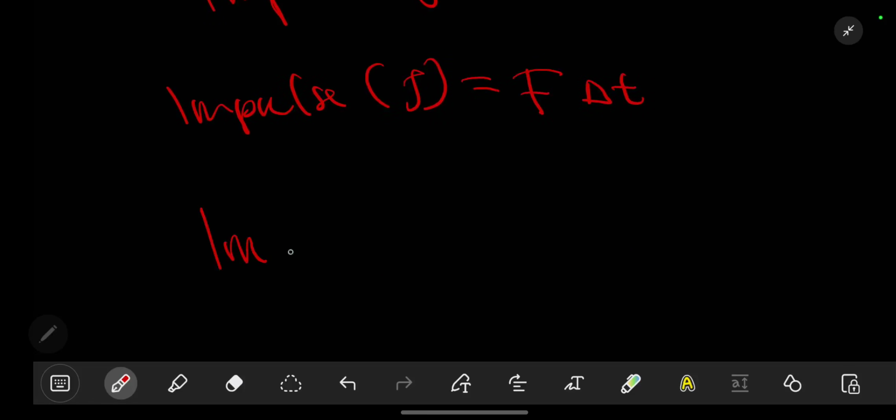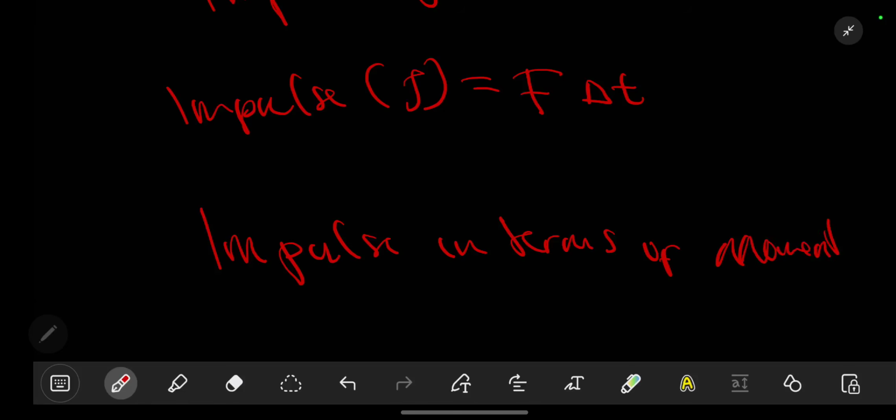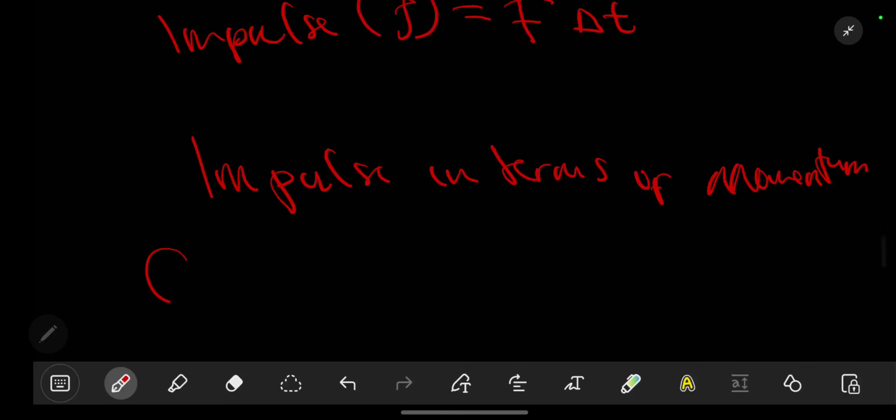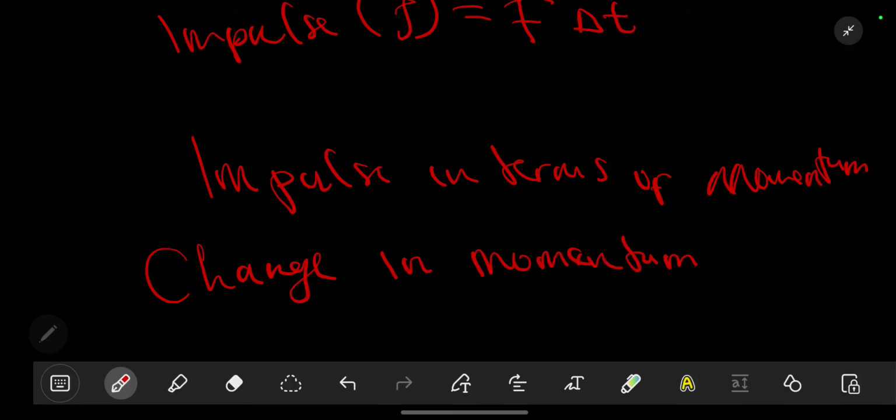Now impulse in terms of momentum. Impulse in terms of momentum is the change in momentum.